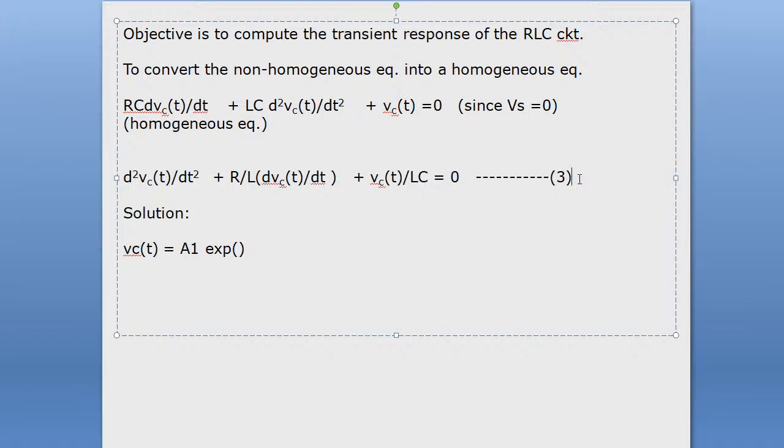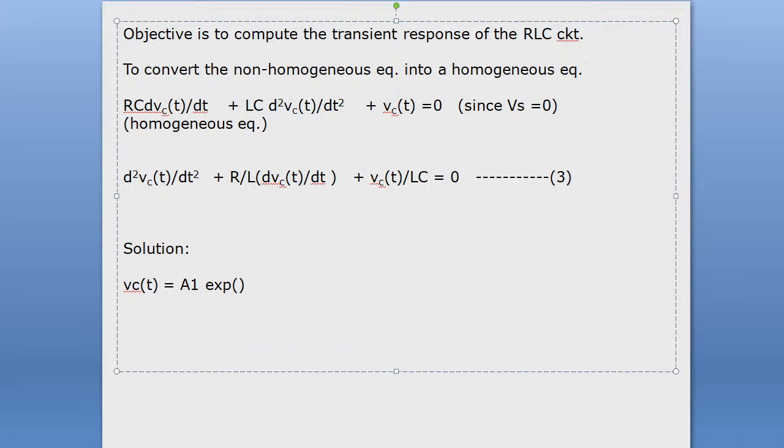So first, let me write this thing in a simple form. In the characteristic equation, consider the coefficient of the first term, then second, then third.